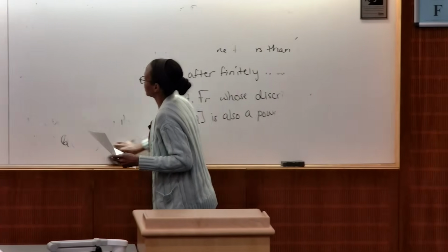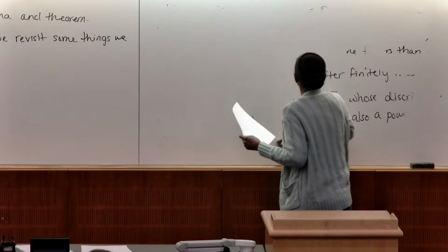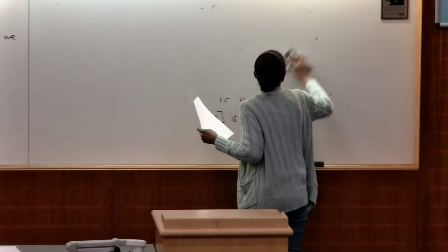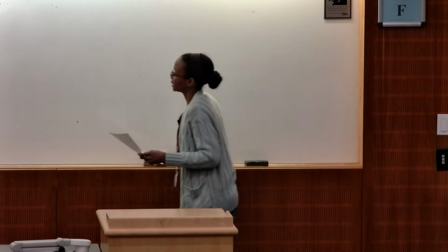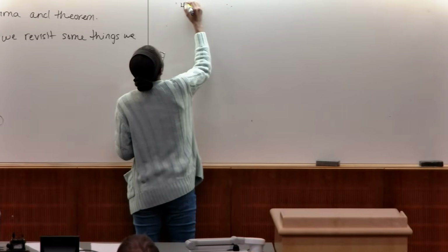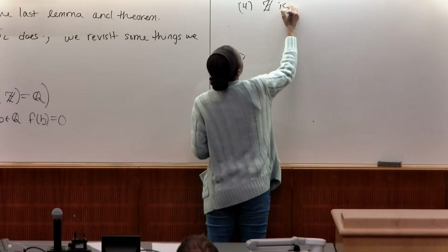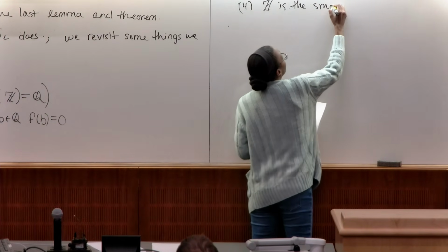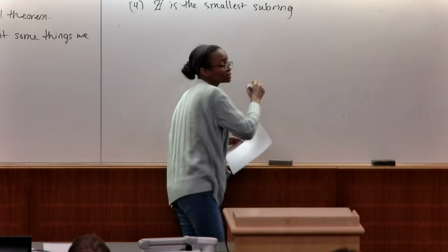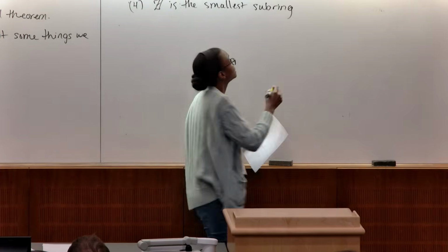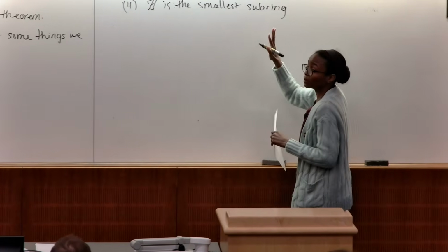There are other subrings of Q that have those properties, but all of them contain the integers. So it's the smallest here based on containment. And here I should say, when I say subring, I always mean a ring with identity, for those of you for whom that means something.